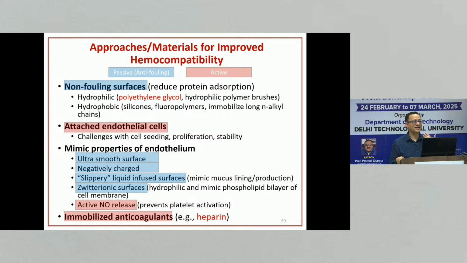Or you can have immobilized heparin on the surface, and those products are already on the market. Each one of these has challenges associated with it that we will talk more about. But these are some of the big things researchers are trying. Maybe a new zwitterion is coming, a new nitric oxide donor, a new way to make a slippery surface or super hydrophobic surface. All that is changing a little bit, but these are some areas going on right now.